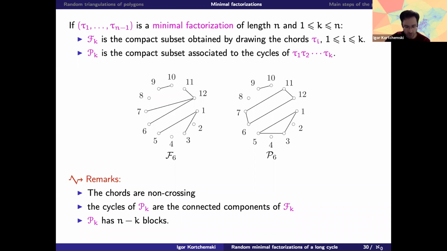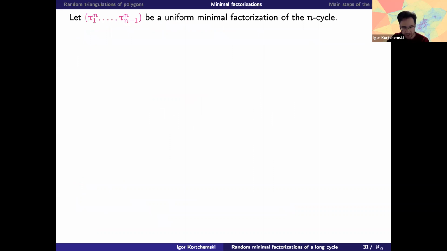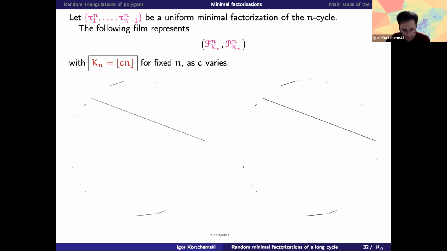Okay, so now going to random minimal factorizations. What happens if we read transpositions one after the other? So the question, the thing we were interested in with Valentin, was to find, in the beginning, whether there was a phase transition, meaning that if we read one after the other the n-1 transpositions, is there some scale at which large transpositions or large chords appear?